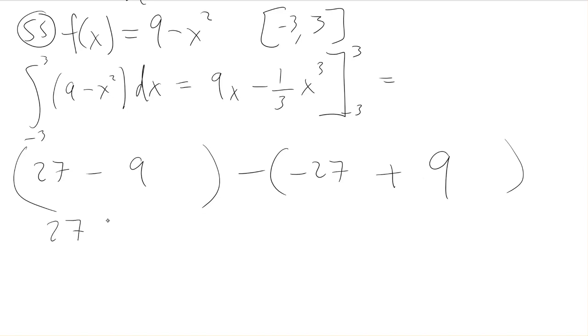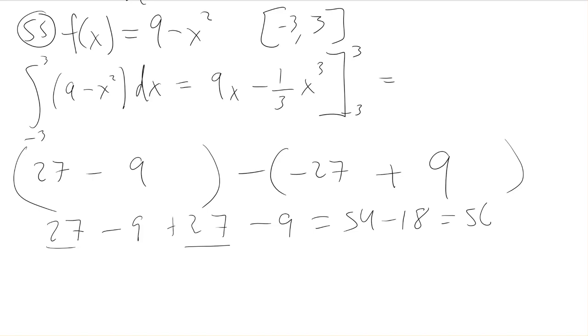So I get 27 minus 9 plus 27 minus 9. So these two would be 54 minus 18, which is 36.